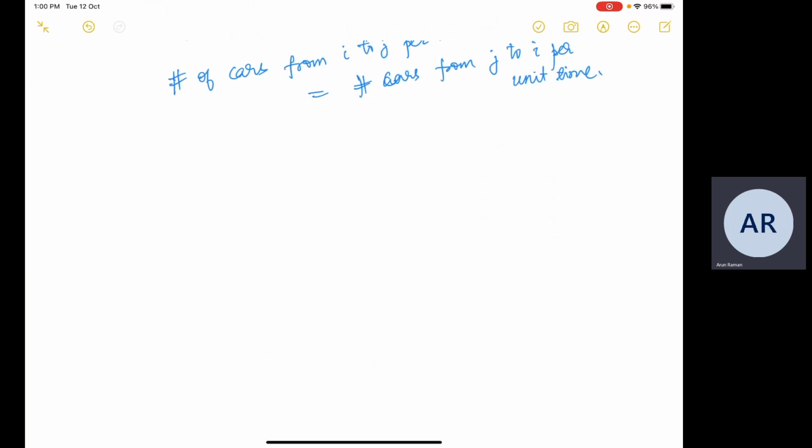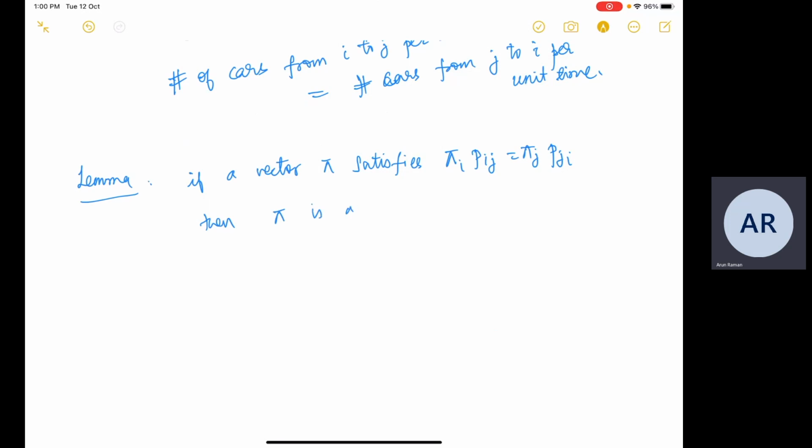So what it means is that we have a lemma which says that if a vector pi satisfies the detailed balance, that is, pi i p ij is equal to pi j p ji, then pi is a stationary distribution.